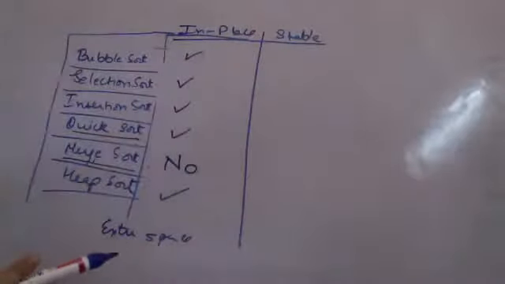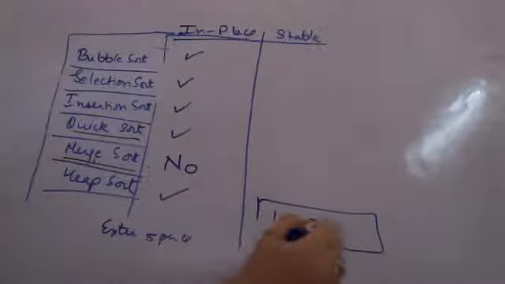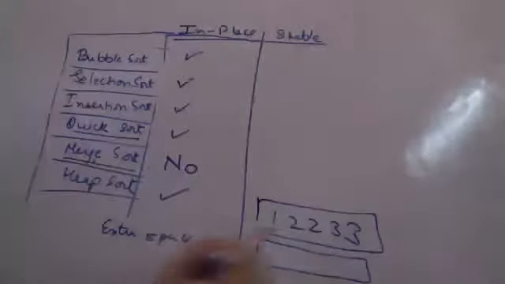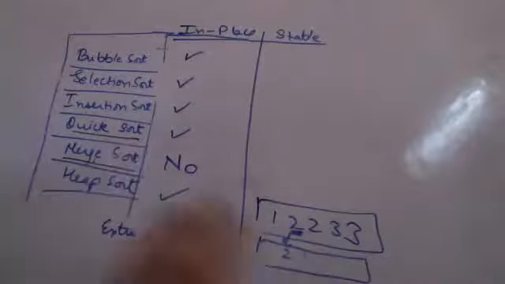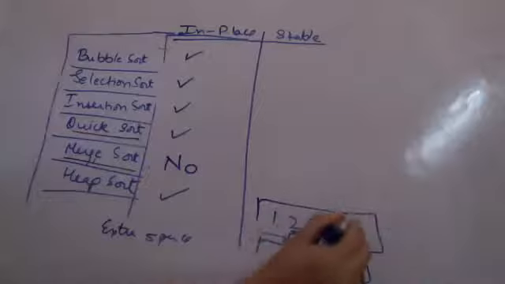What do I mean by stable sorting technique? Stable sorting technique का मतलब है, supposedly I have a list with some elements which are repeated. When I am creating the final list, if the element which was coming first in the list is still coming first, it has not been swapped, then it is called a stable sorting algorithm. Supposedly it was like 1 and 1 are still coming here.